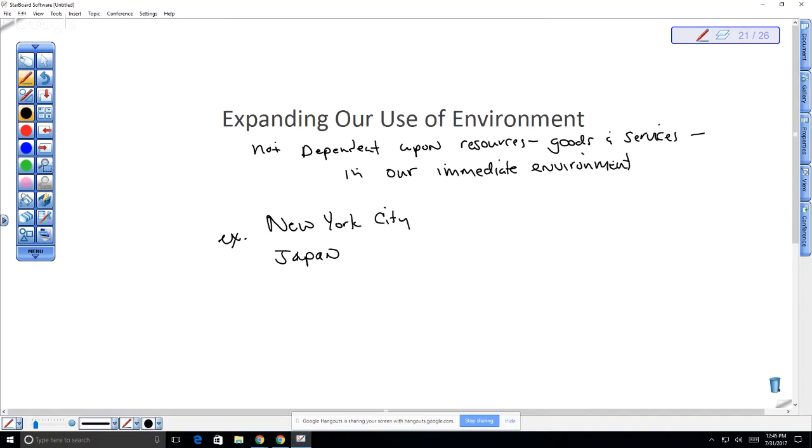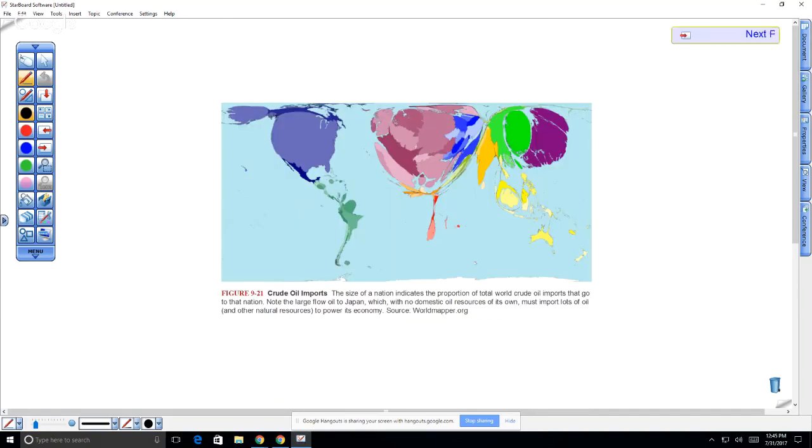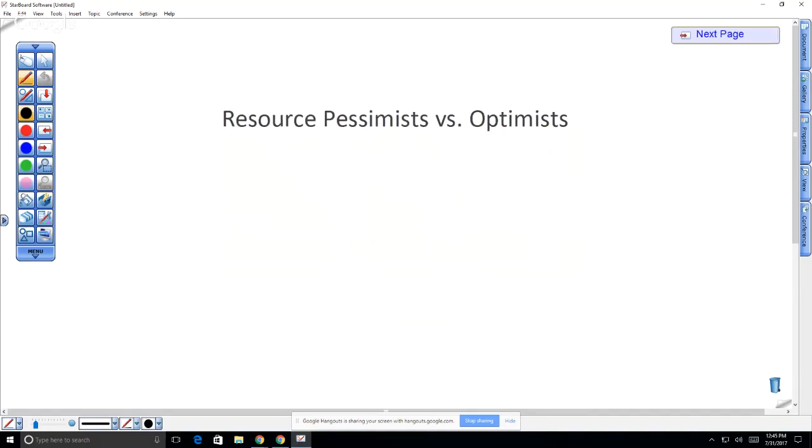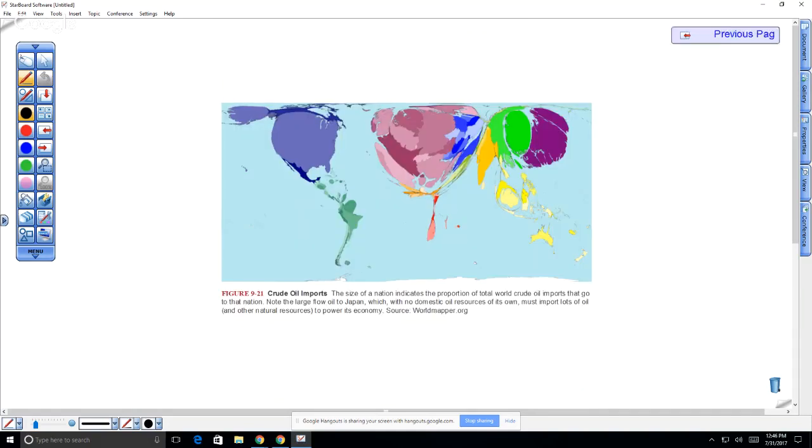In your book, they have an interesting map that shows our uses of crude oil. So this is crude oil imports. You can see here, if you look at South America versus North America, we are dependent upon bringing in fuel to support our lifestyle much more than other places in South America, for example.